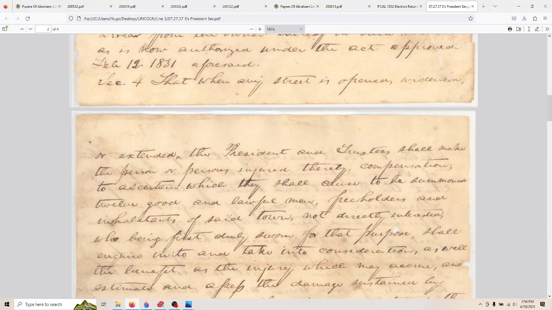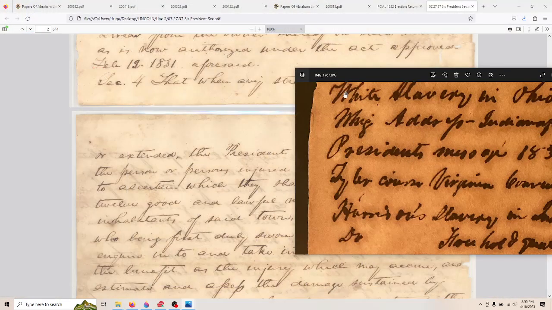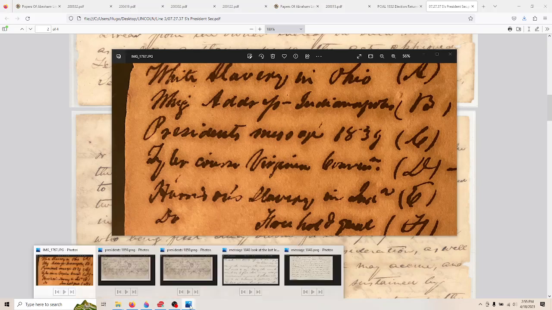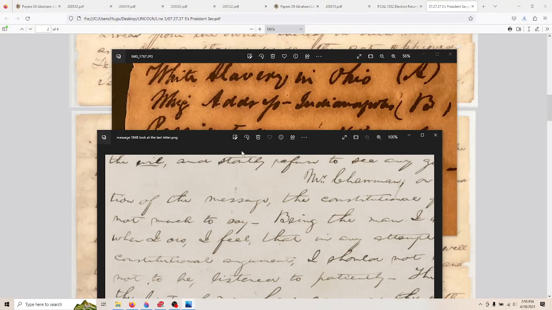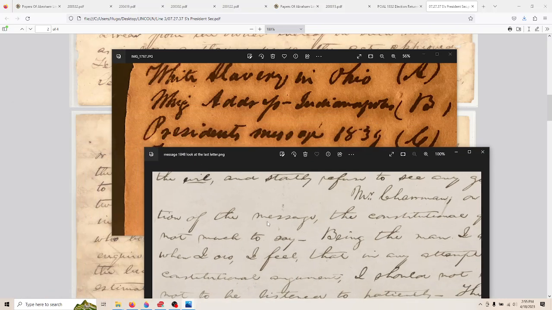What I'm most interested in seeing, though, is this word message. It also has two S's. So even though he has address with two S's, here's message with two S's. So it makes sense that he would continue doing that in other documents. And it took me actually a while to find this. There is message with two S's.